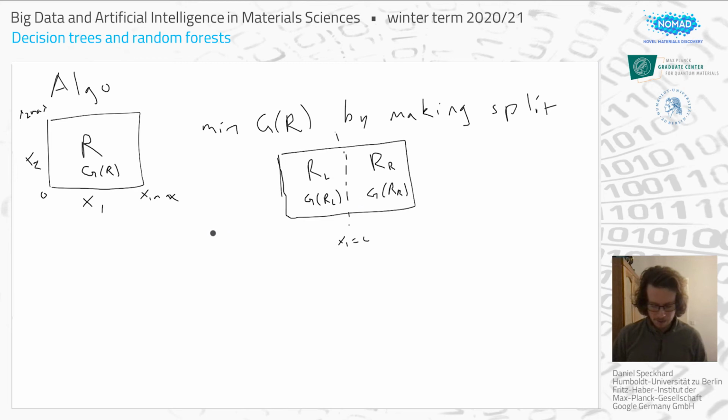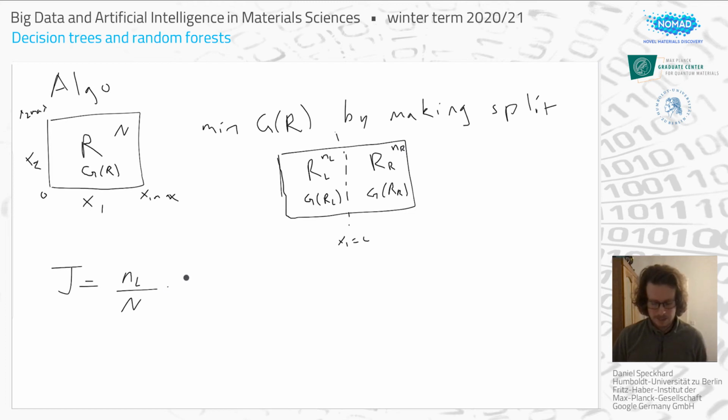And how do we do that? Well, this cost is now going to be the number of data points on the left over the total number of data points in region R. In region R, we had some big N data points. Now we only have some small N_L on the left region and some small N_R on the right region.